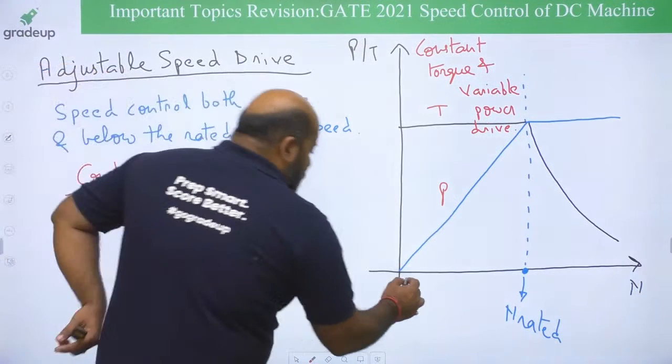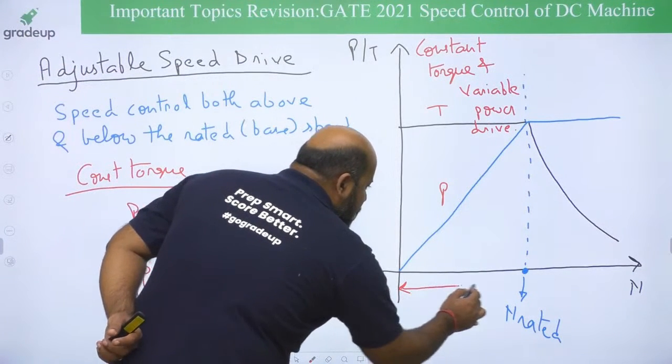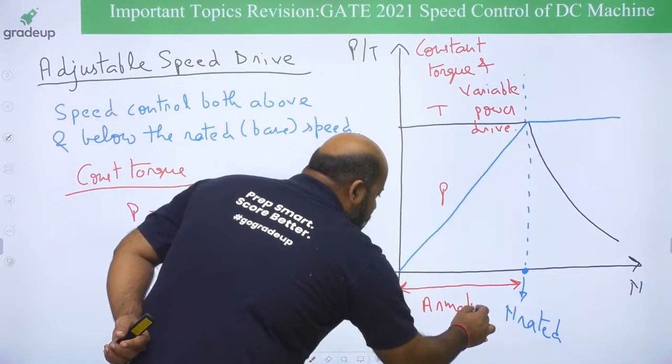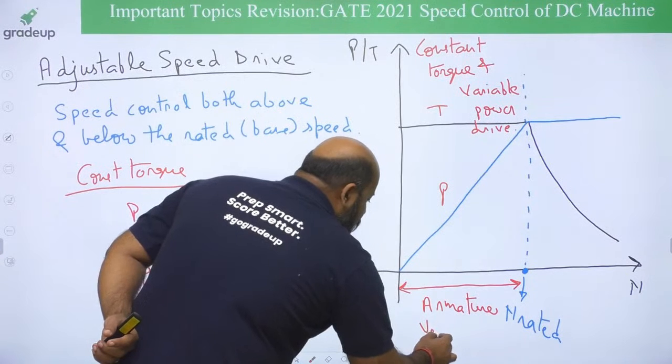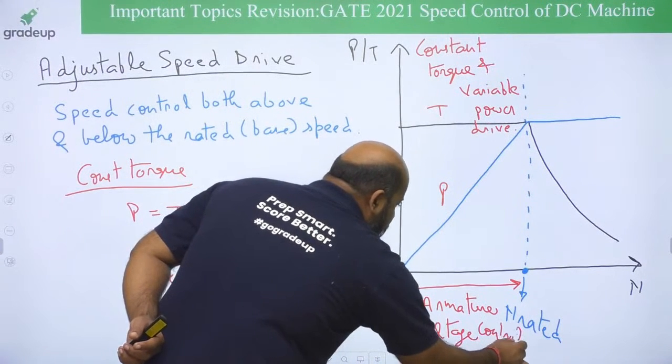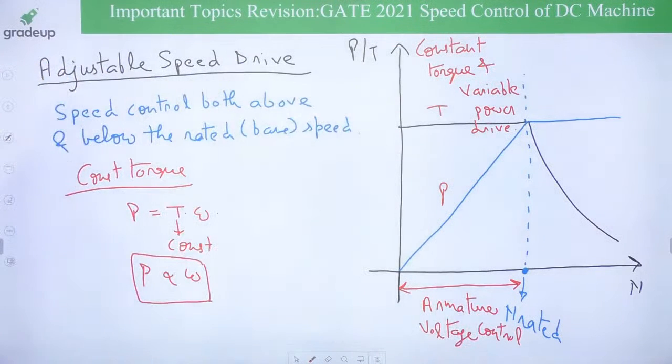Now this is going to be less than the rated speed, and this we are calling armature voltage control. The armature voltage control comes under the category of constant torque and variable power drive.